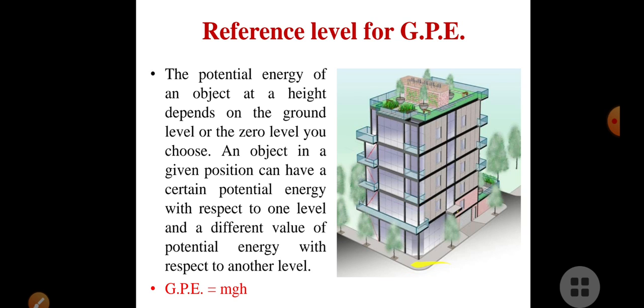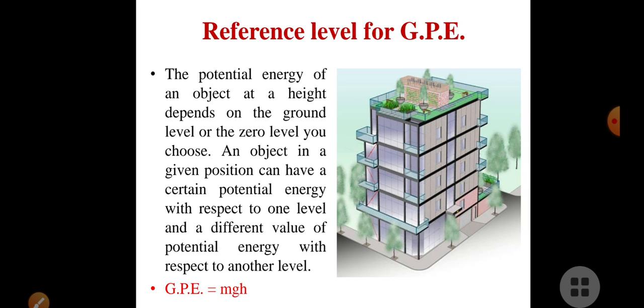This is ground floor, this is first floor, this is second floor. If you are choosing the reference level as the ground floor, then potential energy possessed by you is given by mg, meaning your weight, multiplied by h. So h is from here to here. This distance will give you the height.